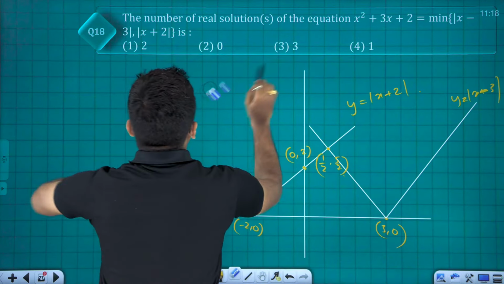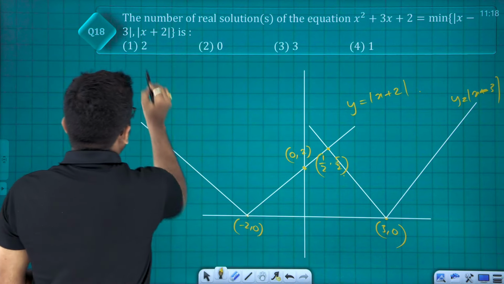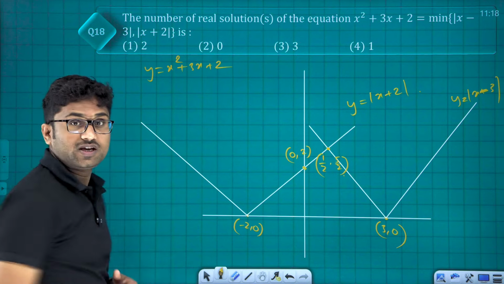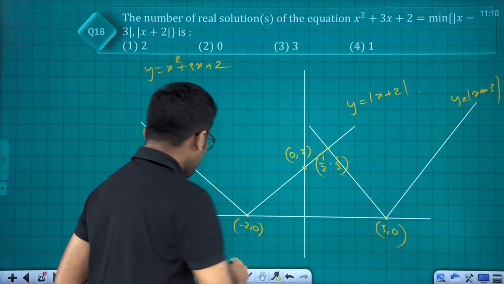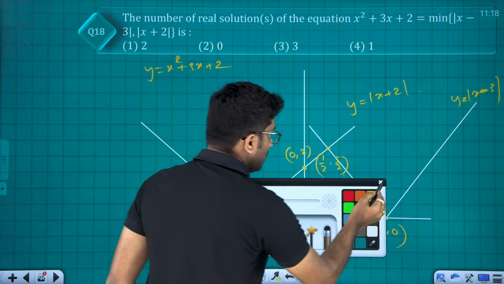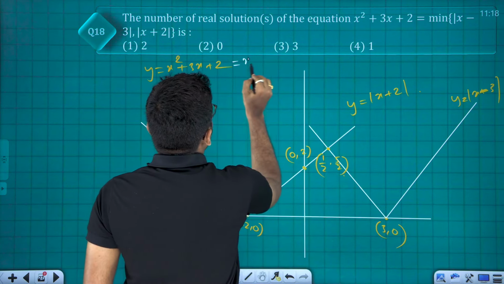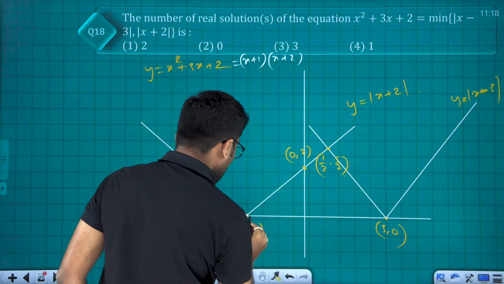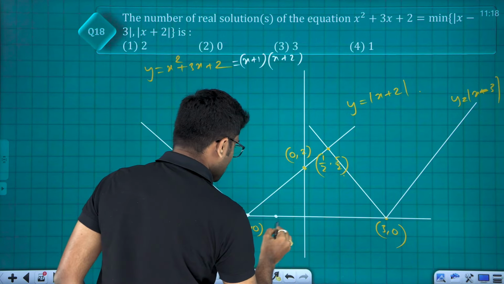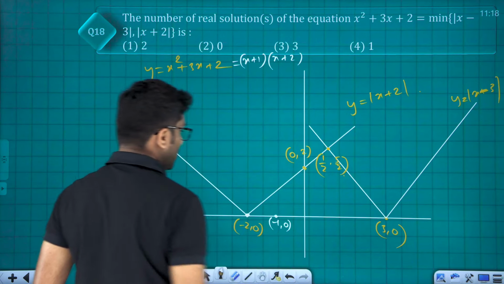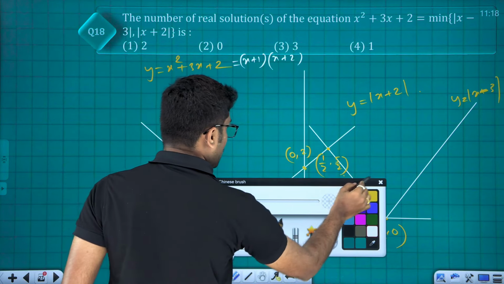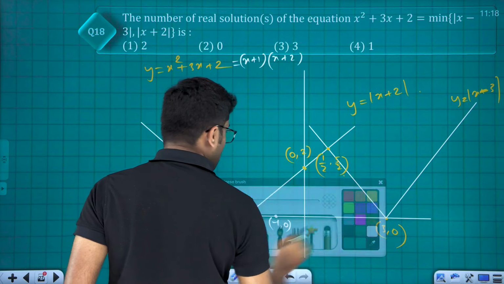Now we have another graph, which is y equals x square plus 3x plus 2. Clearly, x square plus 3x plus 2 is nothing but (x plus 1) into (x plus 2). So it intersects the x axis at 2 points: one is minus 1 comma 0 and the other is minus 2 comma 0.